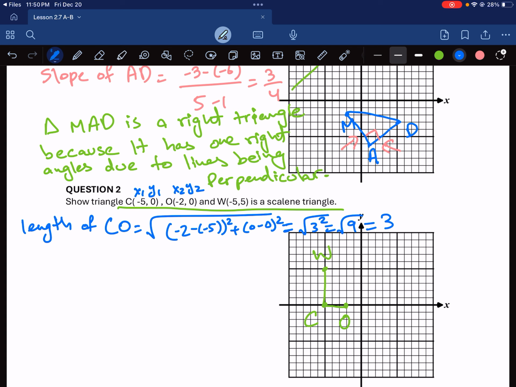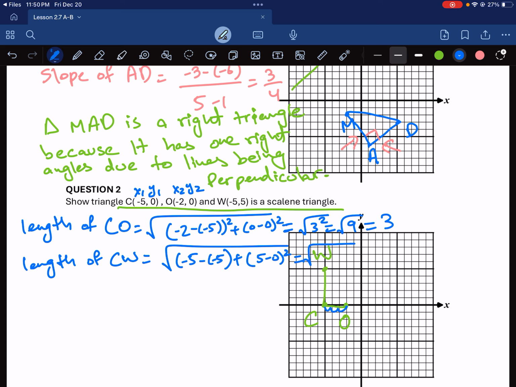I can also count and realize that this is just 3. Let's go and find the length of CW. So we're going to get negative 5 minus negative 5 squared plus 5 minus 0 squared, which is just 0 plus 25, square root of 25, which is 5.